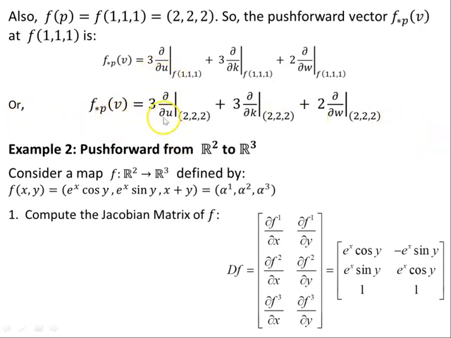So we've taken the vector (1, 1, 0) on M, and we pushed it forward to (3, 3, 2) on the manifold N.